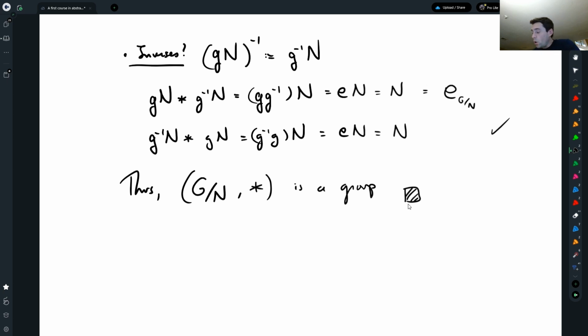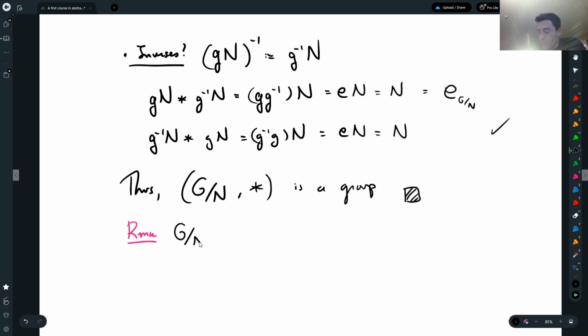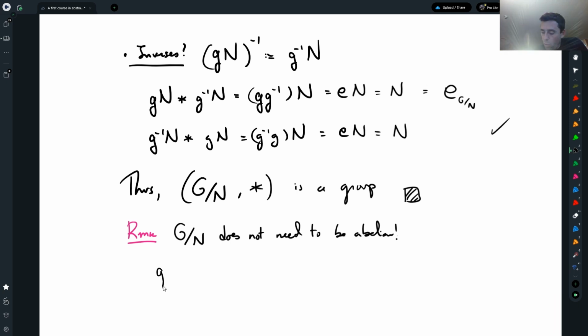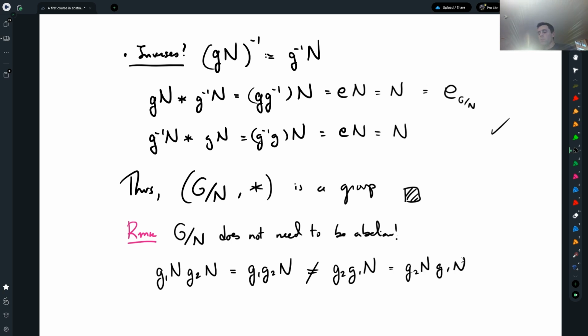And notice, remark, that G mod N does not need to be abelian. g1N times g2N will be g1 g2 N, and in general that is not g2 g1 N, which would be g2N times g1N. So this is not necessarily the case.